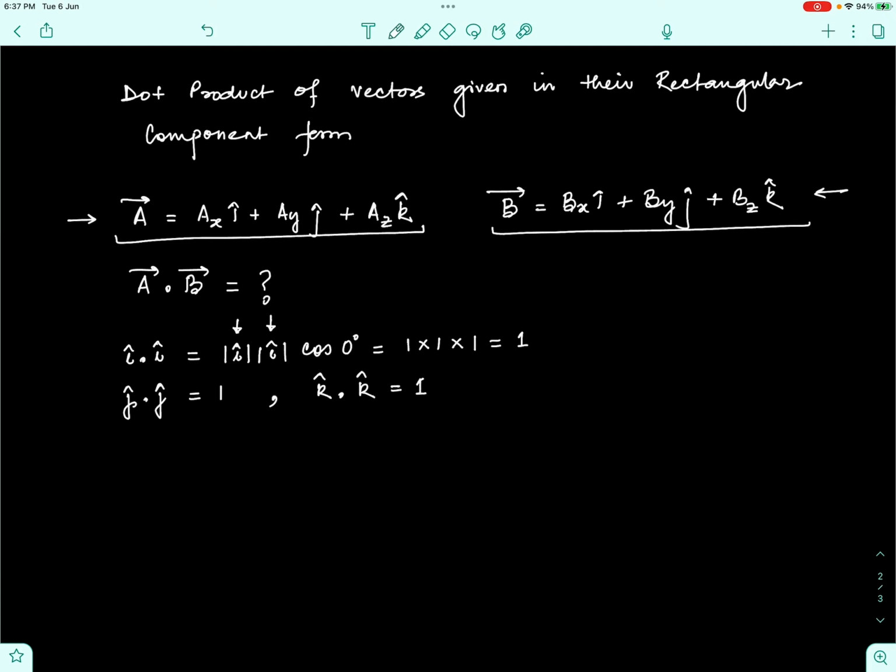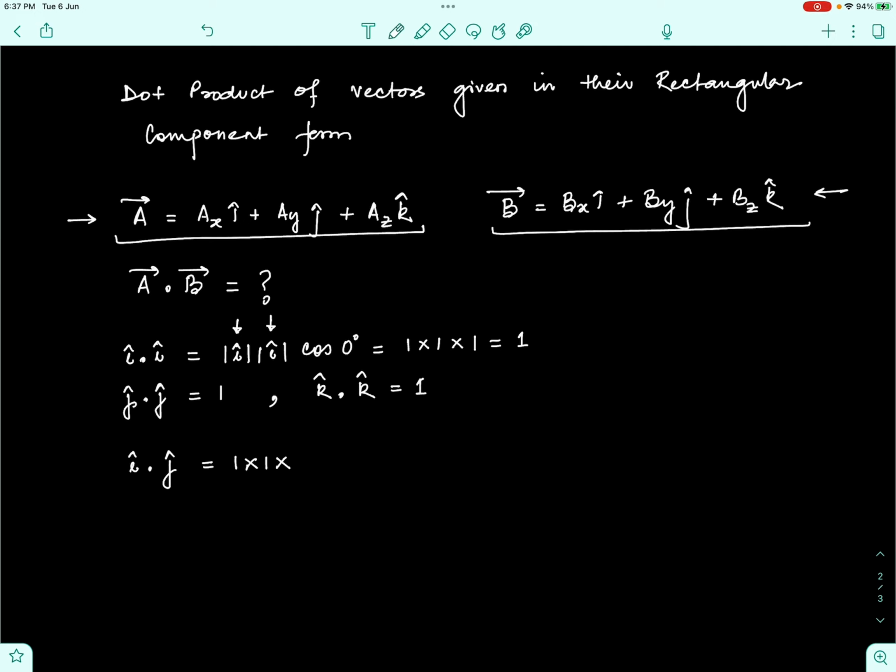Now, let us look for the next set of dot products, which will be i cap dot j cap. What do you think will be the value of i cap dot j cap? By definition, this should be the mod of i cap, which is 1, into the magnitude of j cap, which is also 1 because j cap is also a unit vector, into the cos of the angle between i cap and j cap.